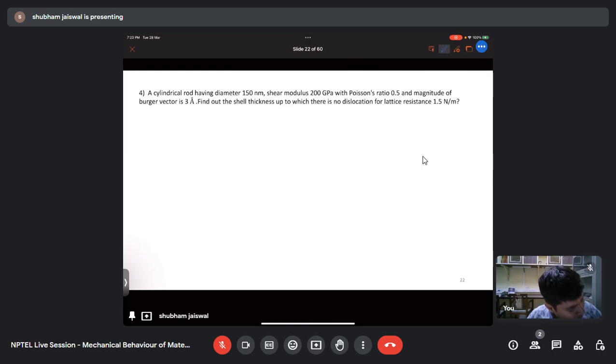So let's say this is the cylindrical rod. They are asking, with this diameter of 150 nanometer, what is the thickness of this dislocation free layer.